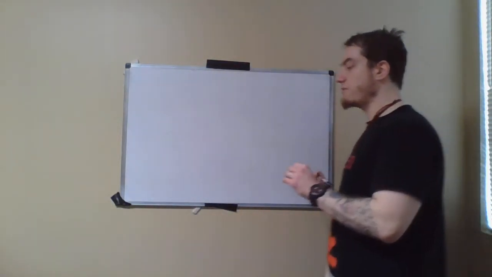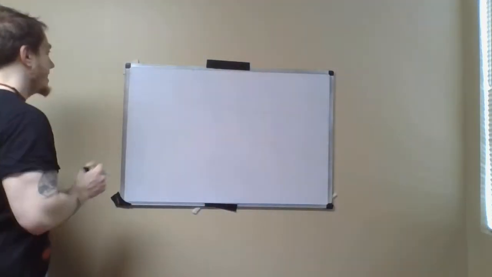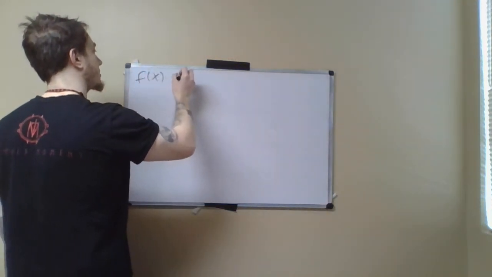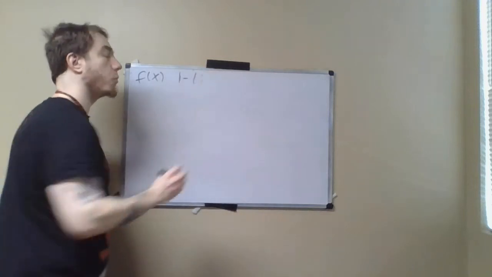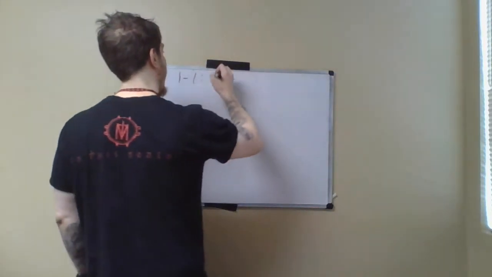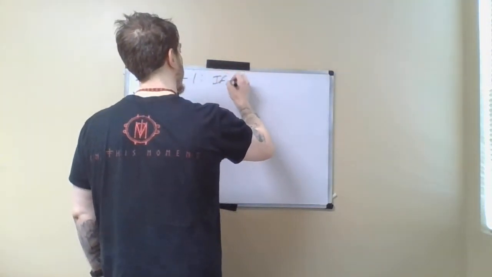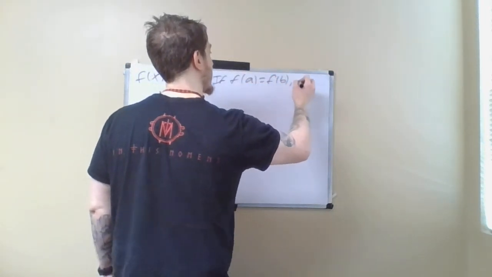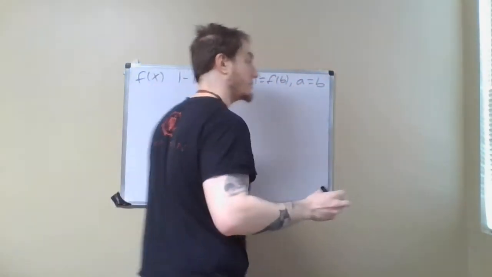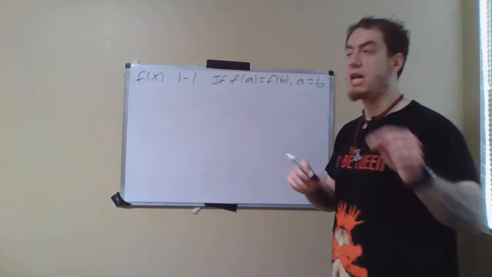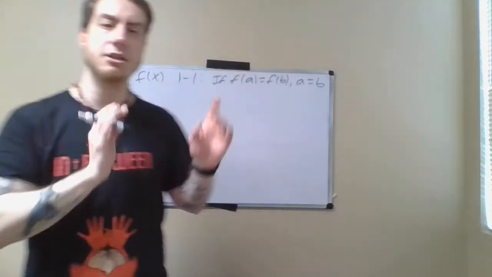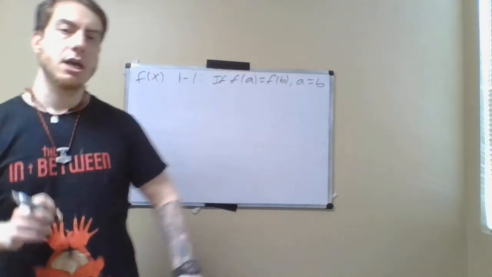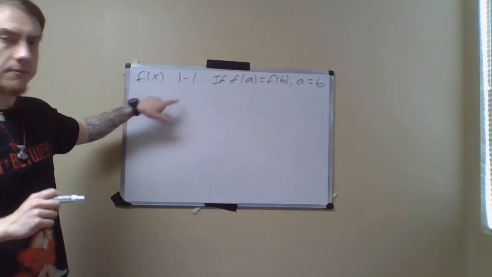And the thing about function composition is that if f of x is what we call 1 to 1, which means that if f of a equals f of b, a is actually equal to b. In other words, if my function takes each thing in its domain to a unique element of the range, then we call it 1 to 1.